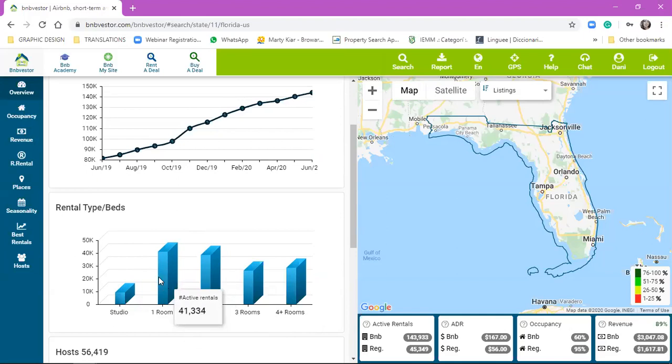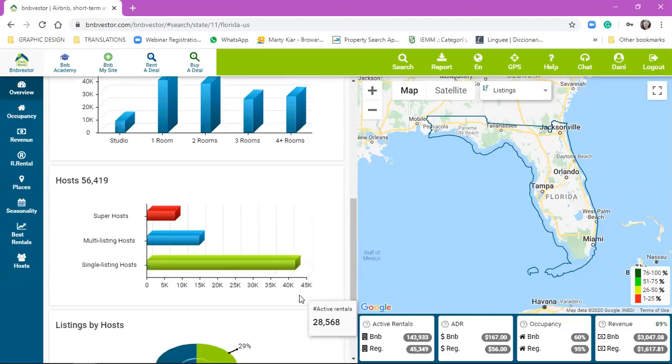Properties with 1 room, 2 rooms, and 4 or more bedrooms have more demand in Florida. If you put your mouse over, it's going to give you the actual active rentals number, okay?